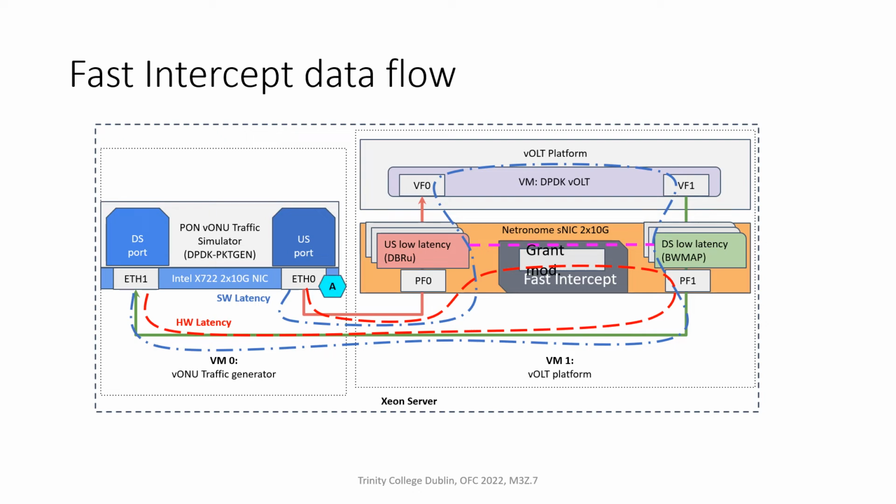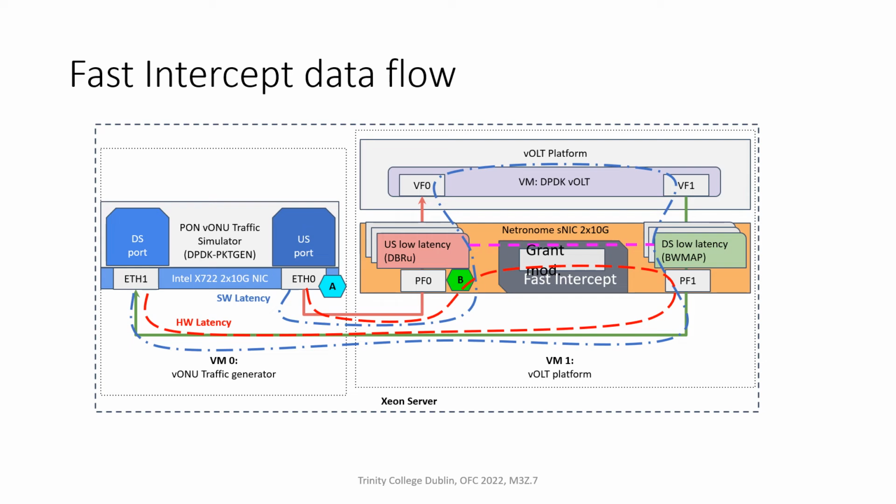At point A, the DPDK virtual ONU traffic generator creates upstream XGEM frames with DBRUs at line rate, that's 10 gigabits per second, tagged with a timestamp value and injecting them into the physical device of the X722 network interface card.